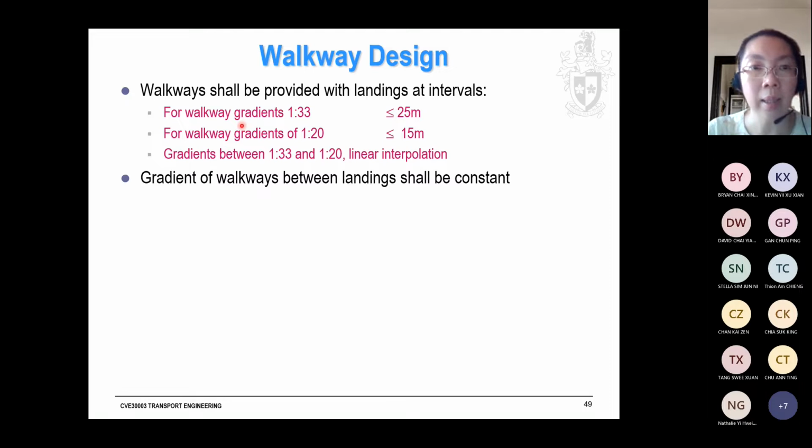For the walkway design, a walkway shall be provided with landings at intervals of, if the gradient is 1 to 33, not more than 25 meter.